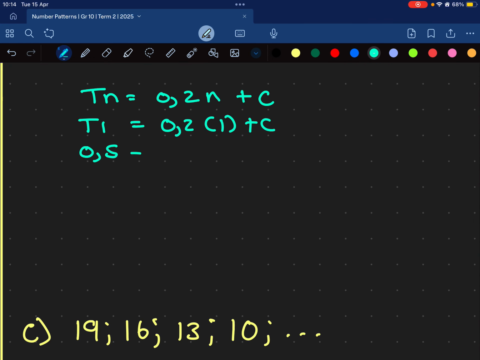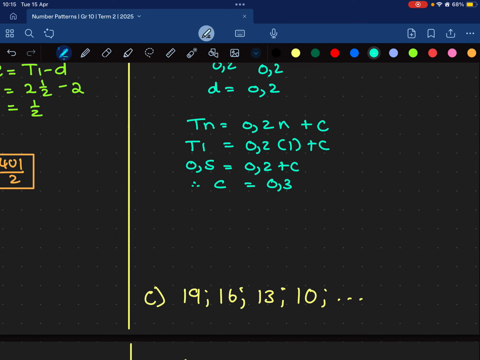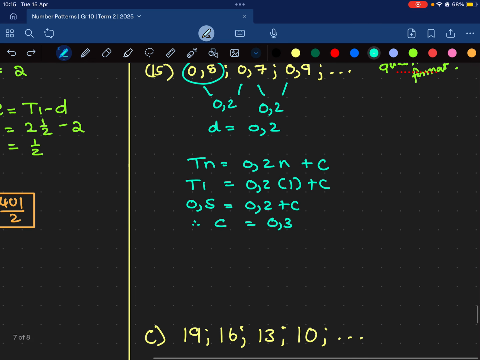So 0.5 is equal to 0.2 plus c, so therefore c is just going to be 0.3. If you actually picked up, you would have seen that although I call it two methods, it's still basically the same method. It's not really that different. Okay, so I can see Tn is equal to 0.2n plus 0.3.